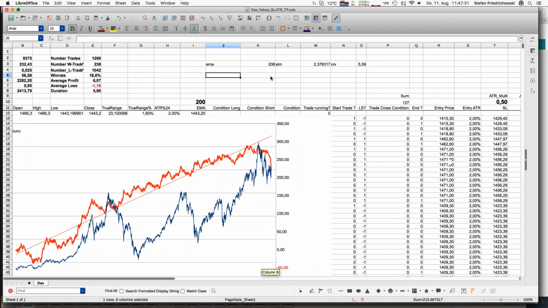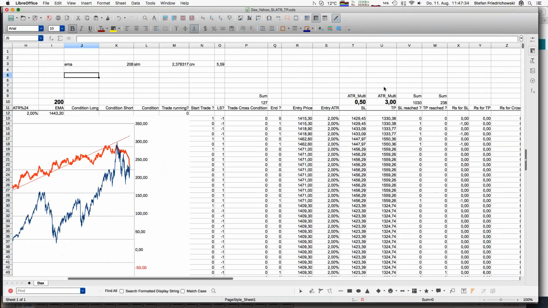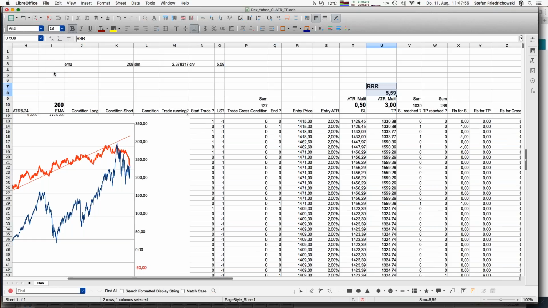So that is only as a reminder. And I have to do here the same with the reward ratio. I want to have that number here. I can already put the 5.59 here. And let's have it a little bit bigger. So, and we have to adjust the calculation.